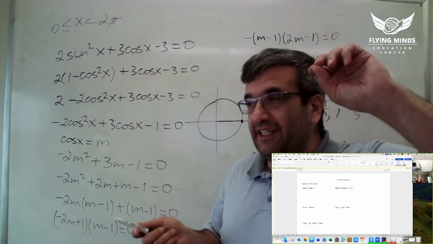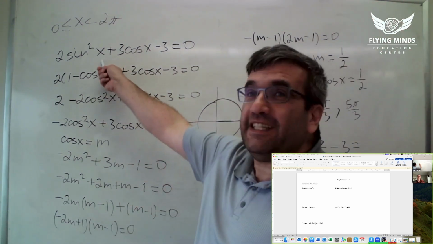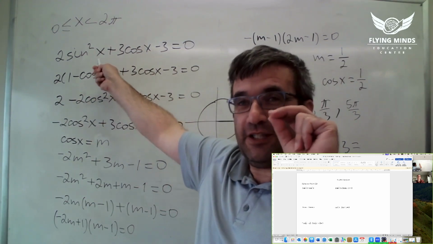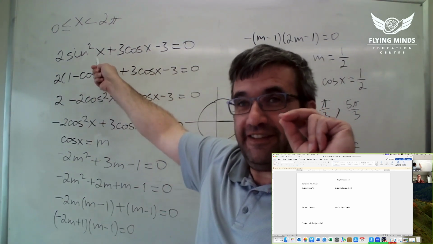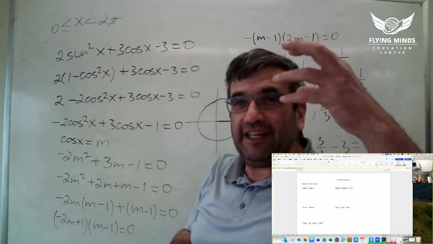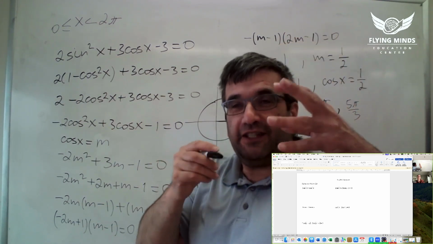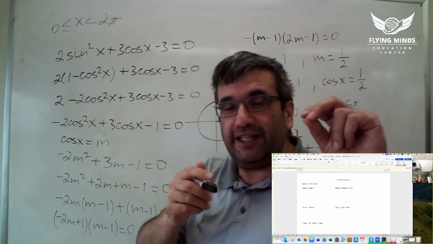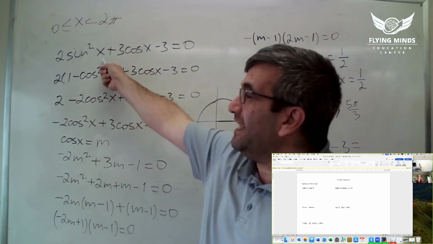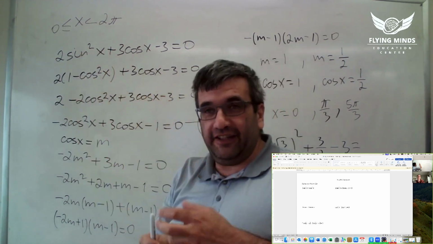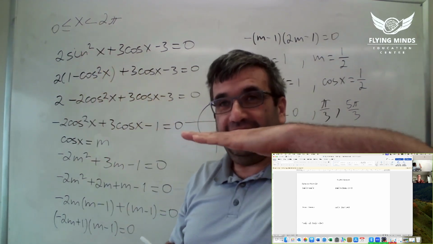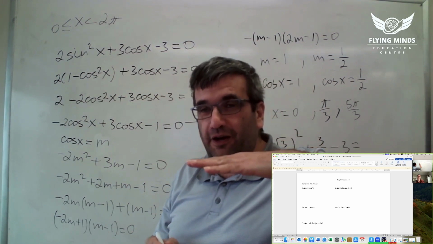Cosine theta. Let's think about it: this x is not a coordinate. It is an angle, not a coordinate in the sense that you think about coordinates. It's not x and y. In this case, it represents the angle of the terminal arm.